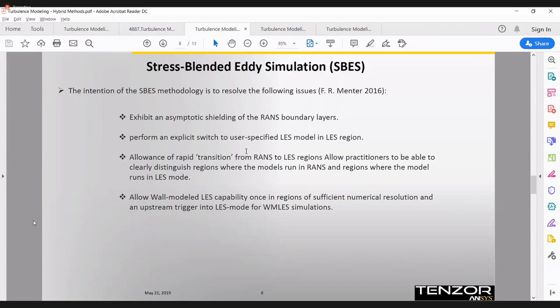It's a platform which allows you to use any kind of large eddy simulation that you already, let's say, validated in the past and know how to use, with the Reynolds averaged Navier-Stokes equation that you want to use. I mean, you still might find the same problems that you found with detached eddy simulation.